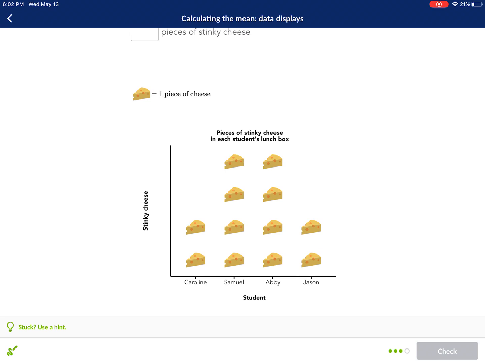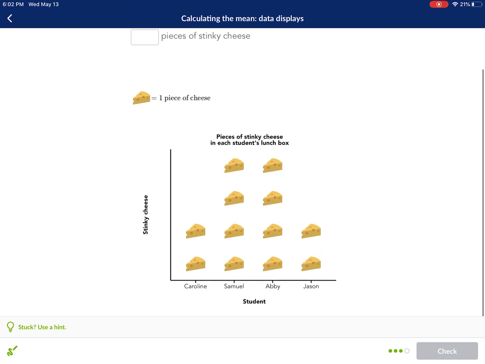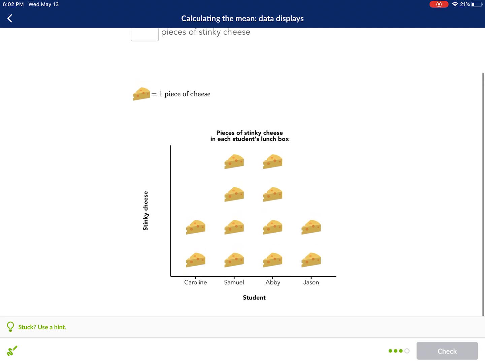But apparently Sam and Abby really love that stinky cheese. Yeah, not a fan of stinky cheese. All right, anyway. So this little pictogram they're giving us here, one little slice is 1 piece of cheese. So Caroline had 2, Sam had 4, Abby 4, and Jason 2.